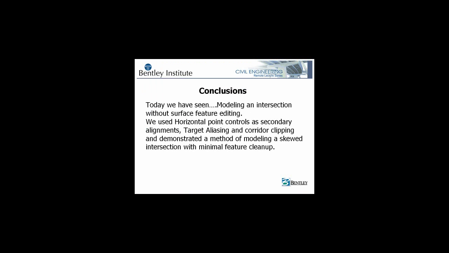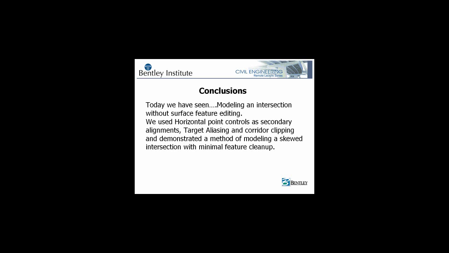And so that's about all I have for this particular instance of the Institute Civil Lecture Series. Let's talk a little bit about what we've done. Well, I modeled an intersection, and the first model of the intersection I did without surface feature editing. I used the horizontal point controls, also in conjunction with secondary alignments, to create an accurate model around a radius return.